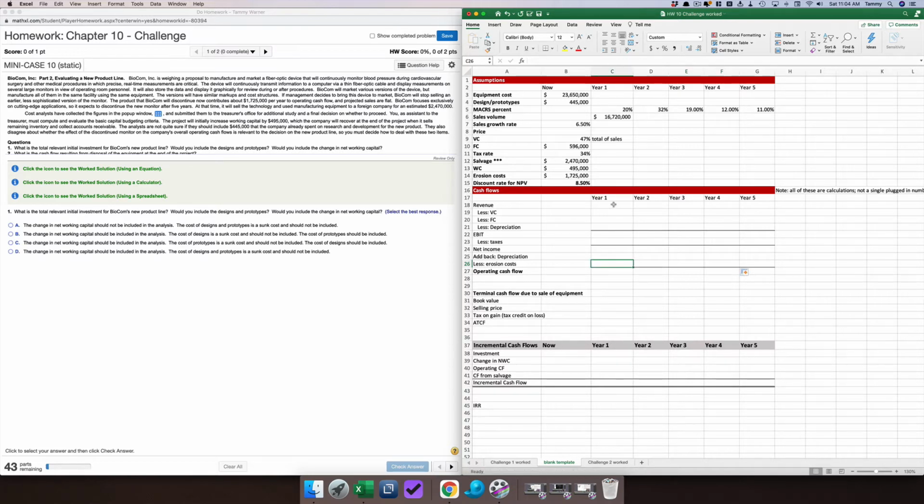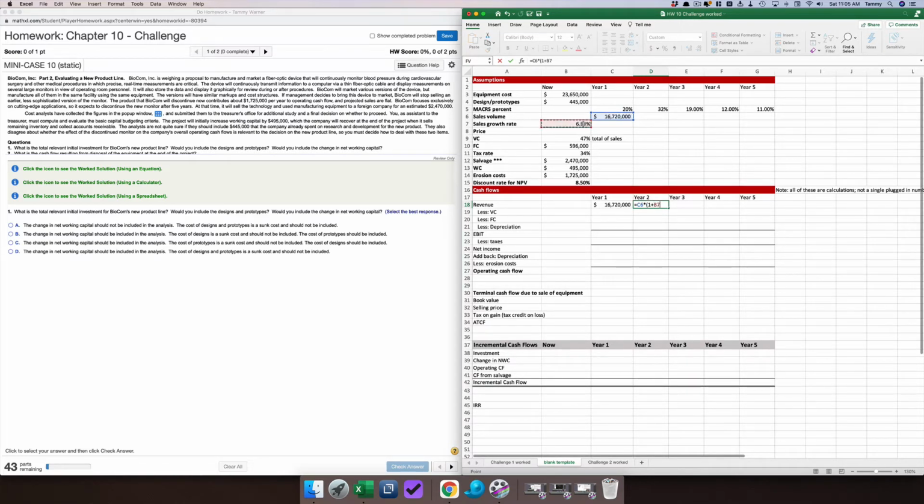Okay, so the first thing, we've got to pick up our revenue from above. Okay, so there's that. And then for year 2, our revenue is going to be 6.5% more than that. So let's take this revenue number and then grow it. The way that you grow any number by a growth rate is you multiply it by 1 plus that growth rate.